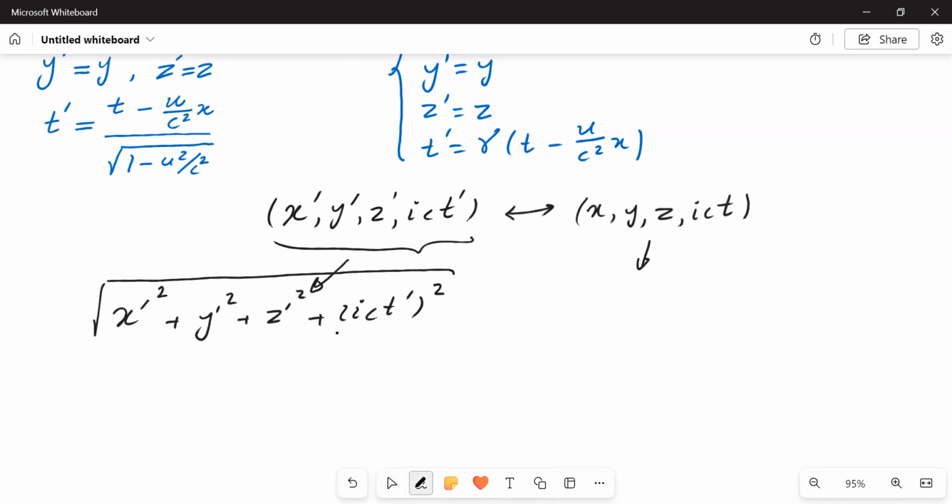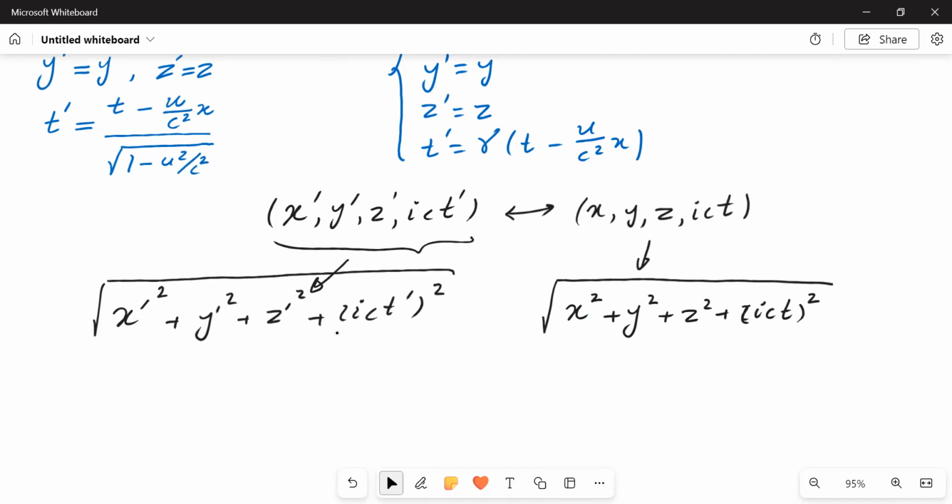And the 4 vector given in system S would also have a norm with a similar mathematical structure: x squared plus y squared plus z squared plus (i c t) squared. And what I want to show you here is that these two norms are exactly the same. That is the meaning of invariance of these 4 vectors, okay?